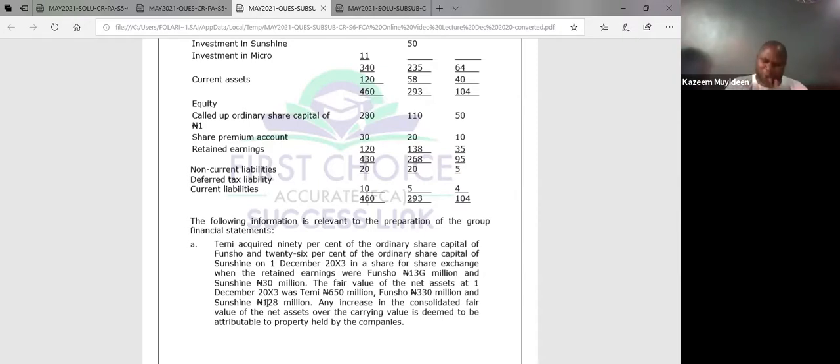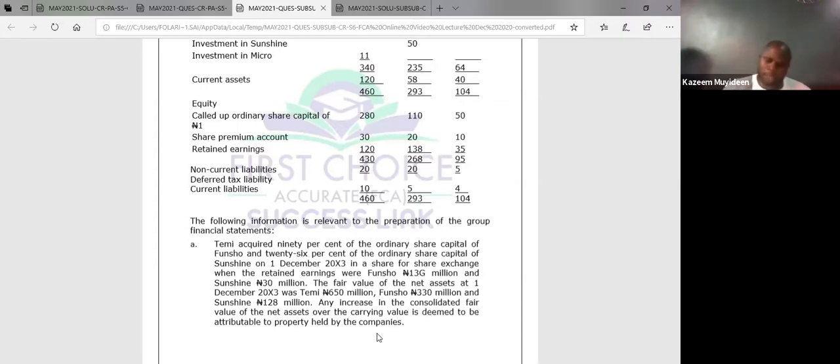No, it's an associate. Can I say any increase in the consolidated fair value of the net assets over the carrying value is attributed to property held by the companies? Okay. With this information, I will treat Fusion as a subsidiary.